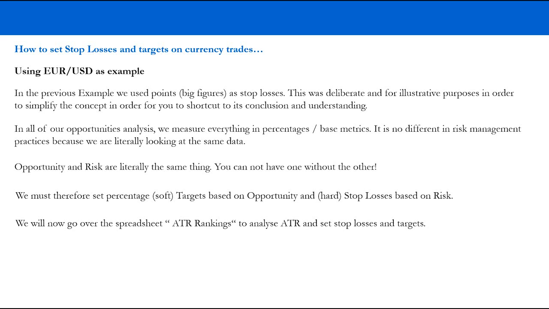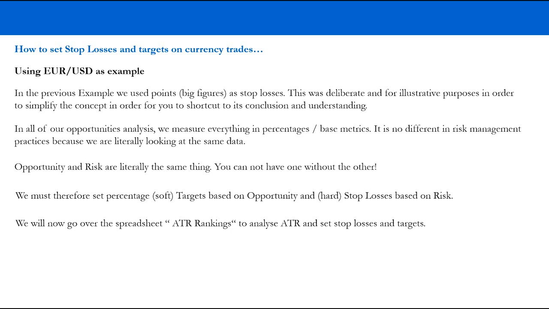What you'll recall is that in all of our volatility, so opportunities analysis, we measured everything in percentages or base metrics. And it's no different in risk management practices, because we're literally looking at the same data. What matters is the volatility over the time frame that we're looking at. And if you recall, opportunity and risk are literally the same thing.